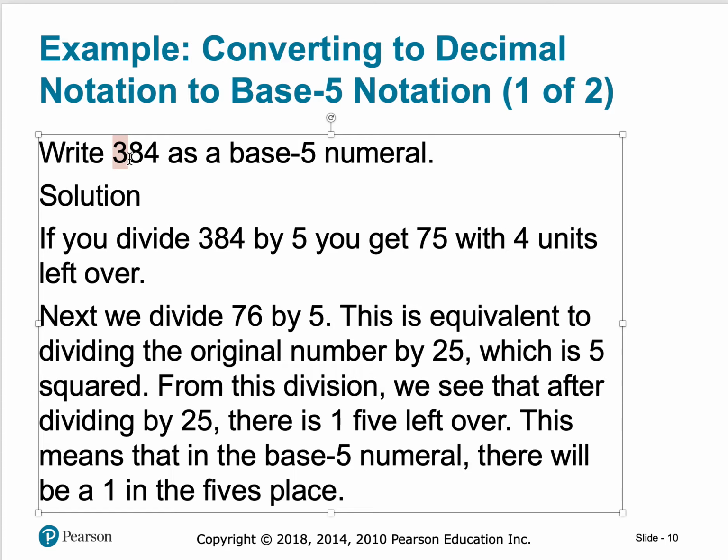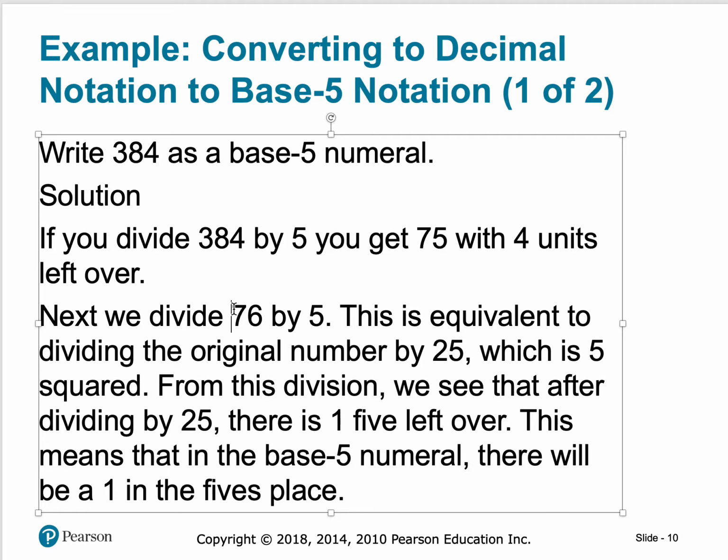If I wanted to rewrite 384 as a base 5 numeral, I'm going to divide 384 to be able to get those largest powers of the unit. So if I take 384 and divide it by 5, I get 76 with 4 units rolled over.